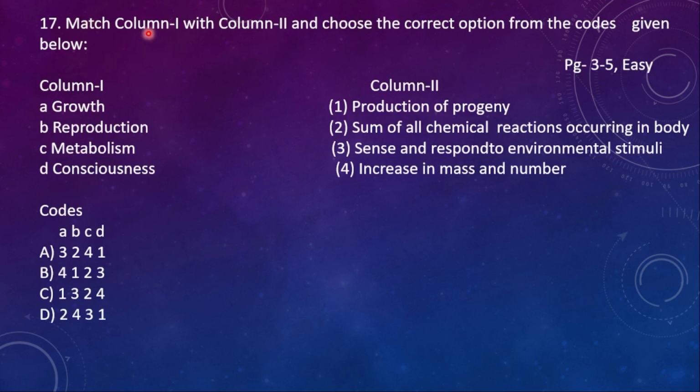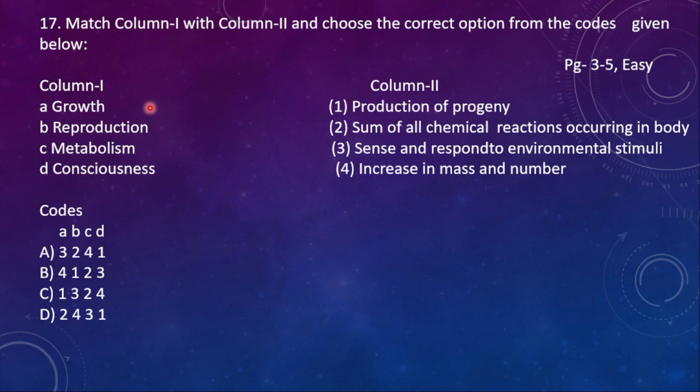Match column 1 with column 2 and choose the correct option from the codes given below. So here what are the column 1? Column 1 is growth, reproduction, metabolism and consciousness. And then column 2 is production of progeny, sum of all chemical reactions occurring in body, sense and then respond to environmental stimuli, increase in mass and then number.